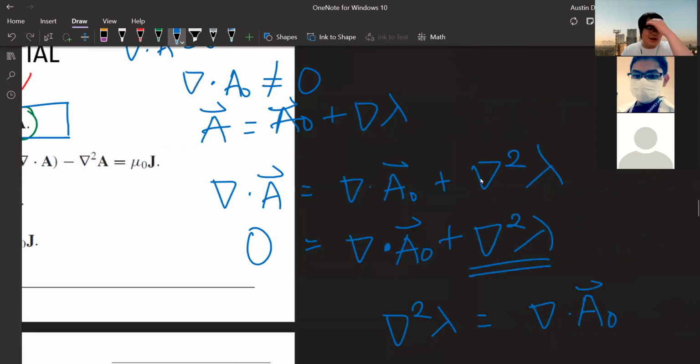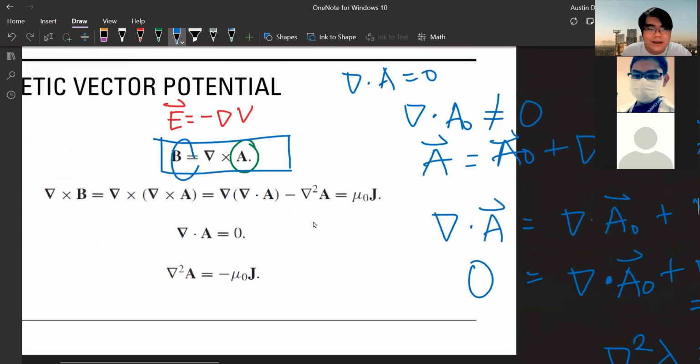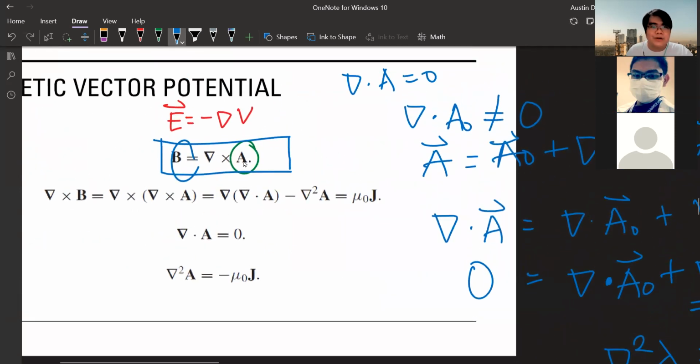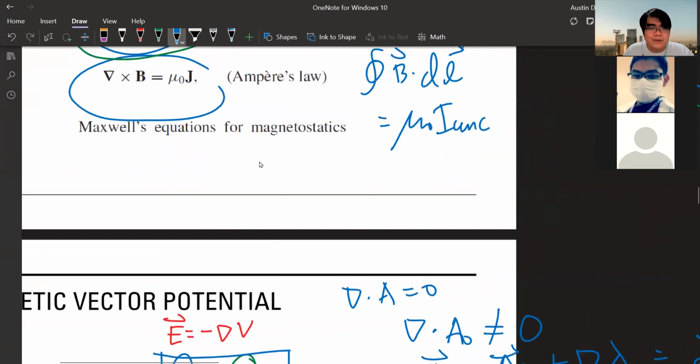Can always add something. Kaya lang tayo nag-add ng divergence ng gradient ng something, gradient ng lambda, is para pag kinuha natin yung divergence niya, maging Laplacian lang siya. Pero in fact, you can always add something A0 or some constant or whatever. Basta ang mahalaga lang is ma-produce mo yung curl ng A that would actually be zero.